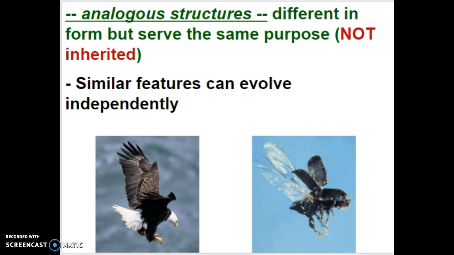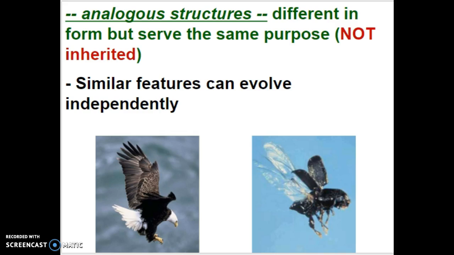Now, we can also look at opposites in the fossil record, in analogous structures. These are structures that are made from different materials but they are performing the same job. So analogous structures are different in form, but serve the same purpose. Now, analogous structures are not inherited or passed down through a line of descent.